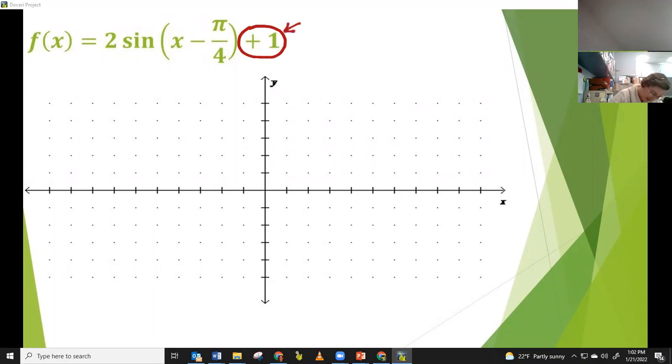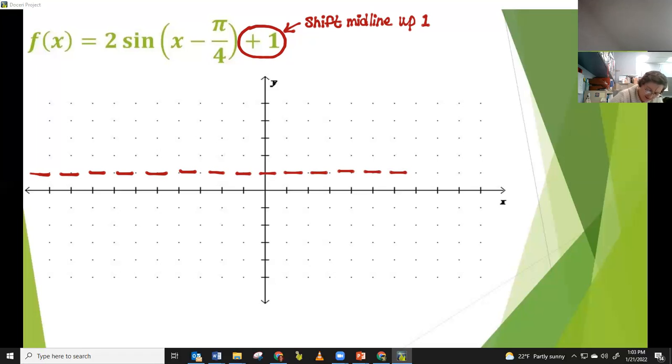We are going to shift that midline up 1. So I'm going to go ahead and do that right now. So on my graph, up 1, I'm going to draw a little dashed line right here. And everything that I do with my sine wave is going to treat this as if it is the x-axis, because everything is getting shifted up 1. So this is my midline.